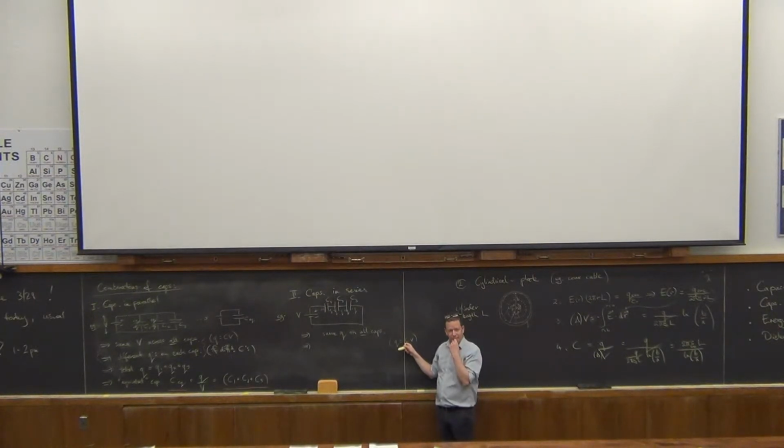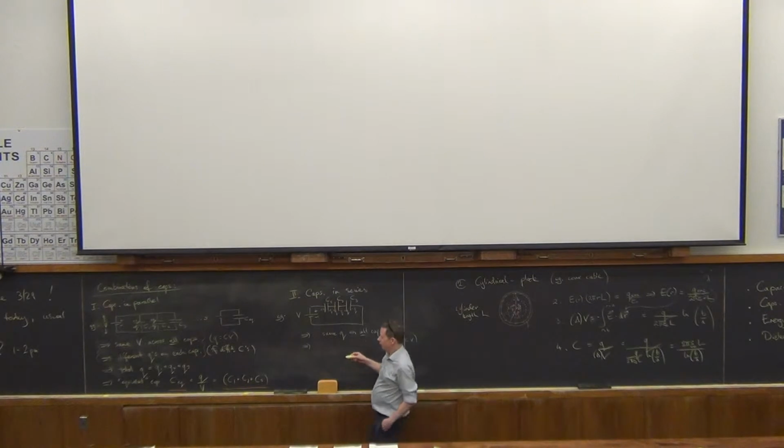It's proportional to the inverse. Right, so they're inversely proportional to the capacitances. But they're different in general. So now I have different V's on each capacitor. So here I've got the same and I've got different.